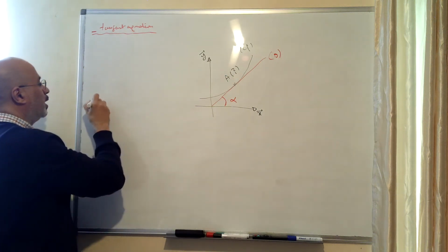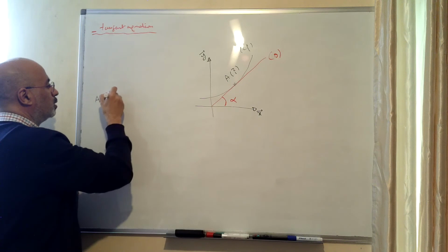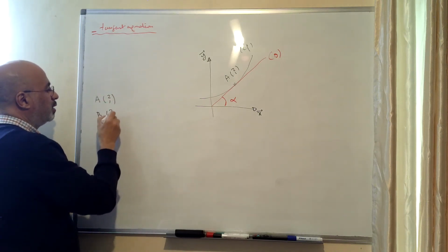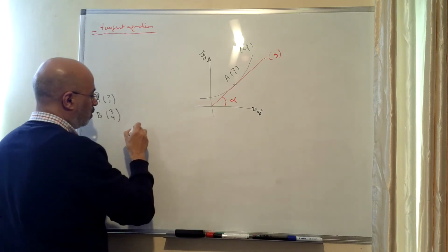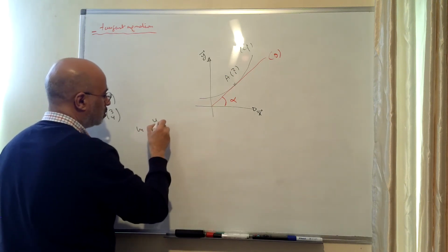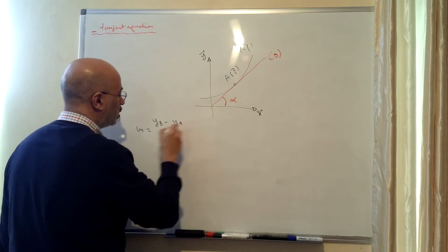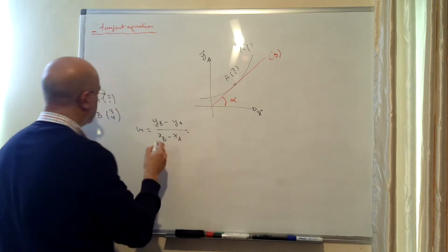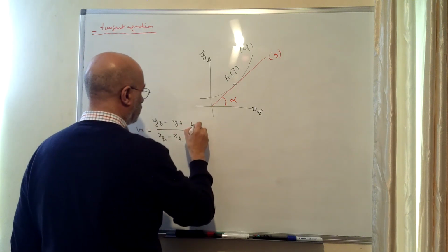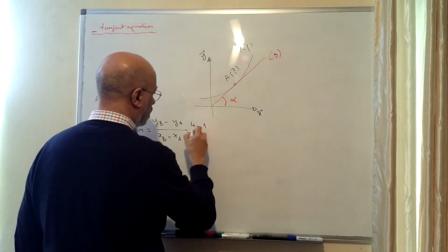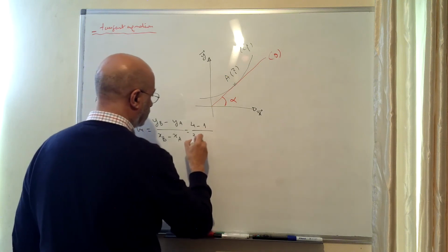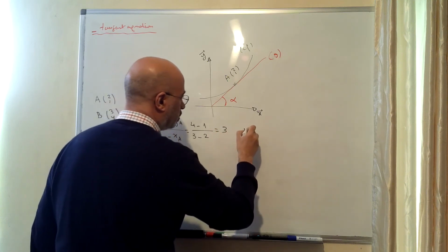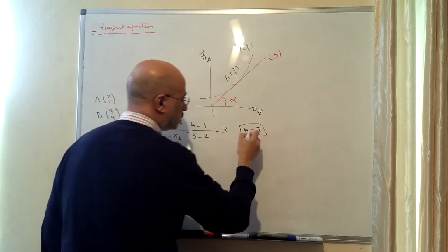We have a point A (1, 2), for example, and a point B (3, 4). Our slope m is (yB minus yA) over (xB minus xA), which means (4 minus 2) over (3 minus 1). So m is our slope.